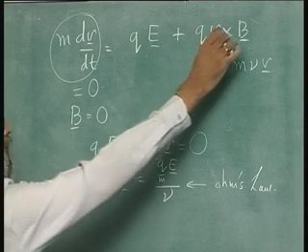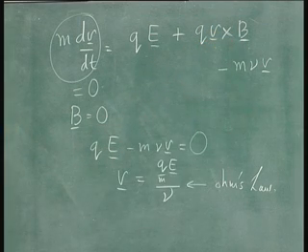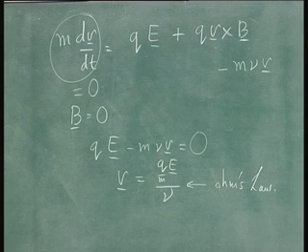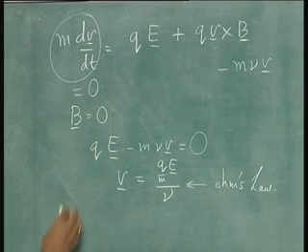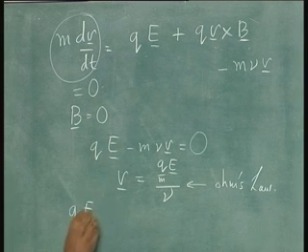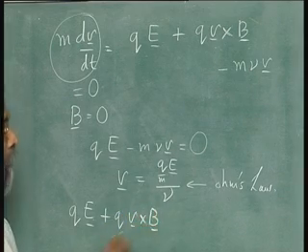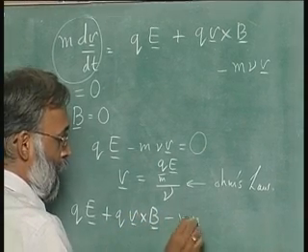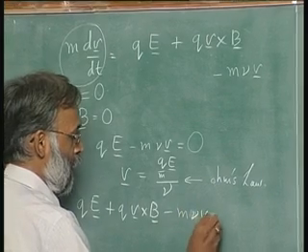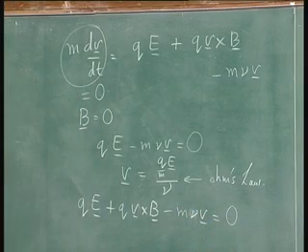Now, what happens if I have a magnetic field present as well? Well, my equation becomes QE plus QV cross B minus m nu v is equal to 0.